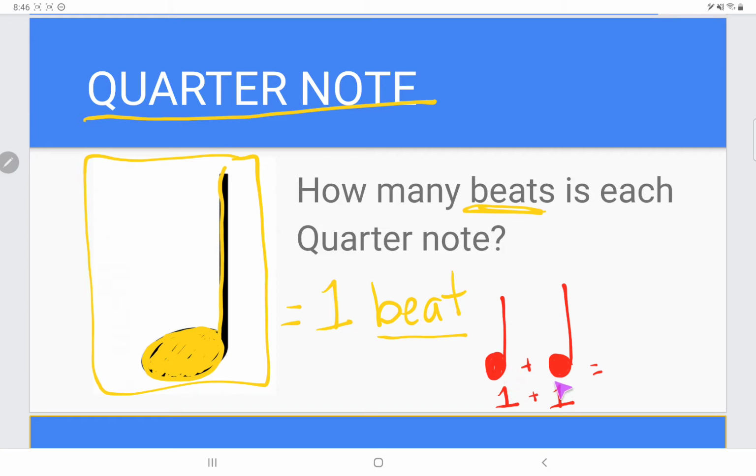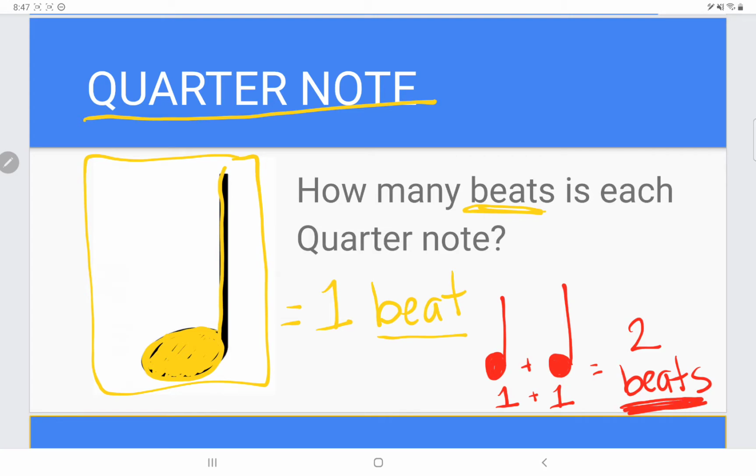Since they're both equal to 1 beat, then that would turn into 2 beats. So that's kind of how we start to see that math and music go together. Even though these aren't really numbers, even though they're notes, they still make an equation and you still get a product from it.